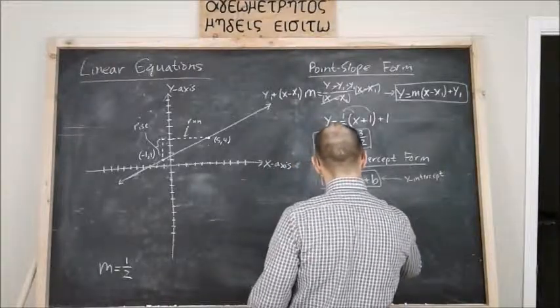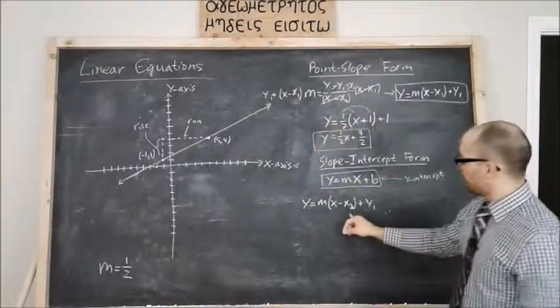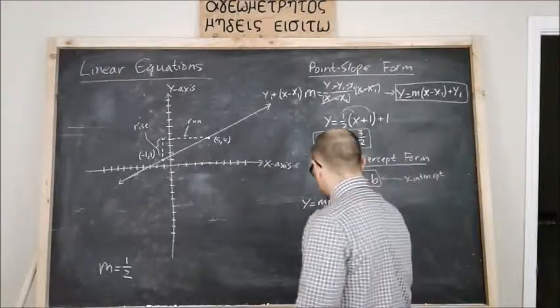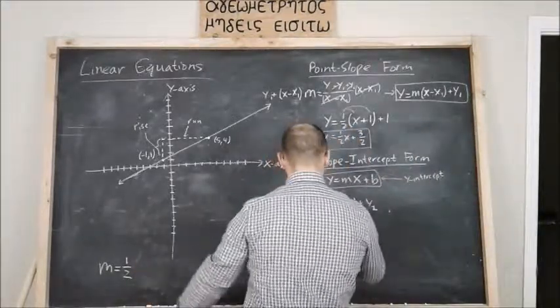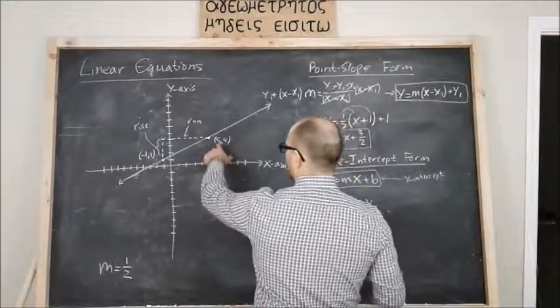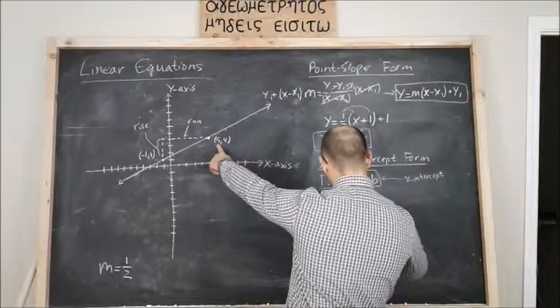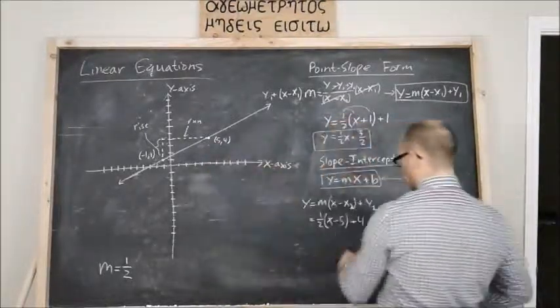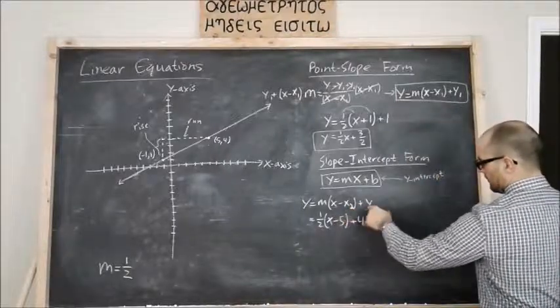Well, I'm changing the subscript to x2 and y2. So y is equal to, slope is still the same. Now x2 is going to be 5 this time, and y2 is going to be 4. Okay, I've just plugged it in, x2, y2.